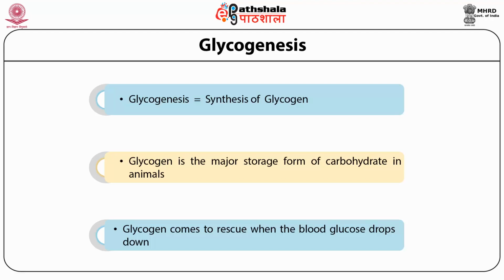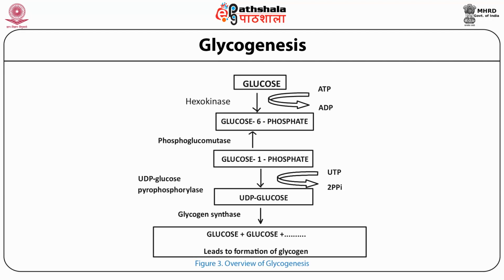The major sites of storage of glycogen are liver and muscles. Although the glycogen content of liver is greater than that of muscle, three-fourths of total glycogen is stored in muscles due to their mass. This figure shows an overview of glycogenesis.